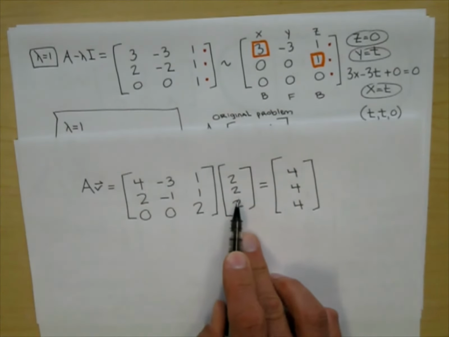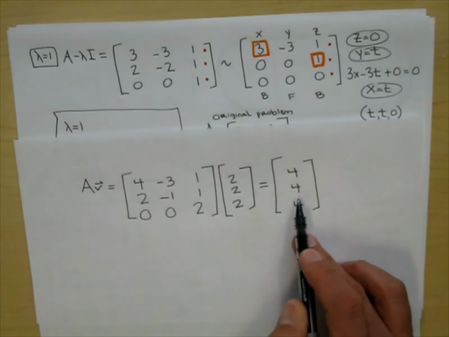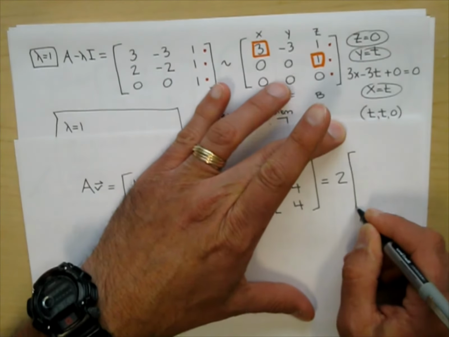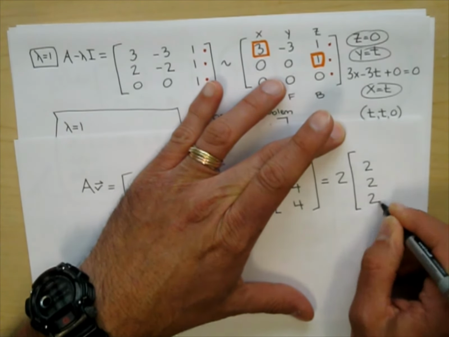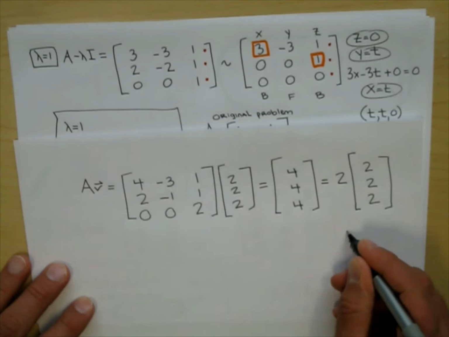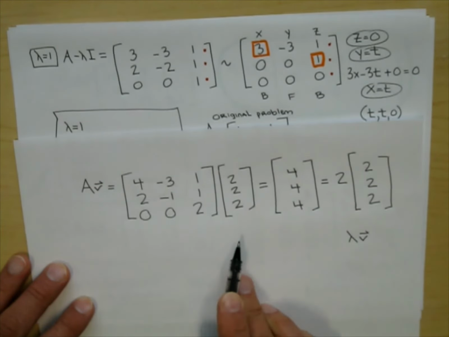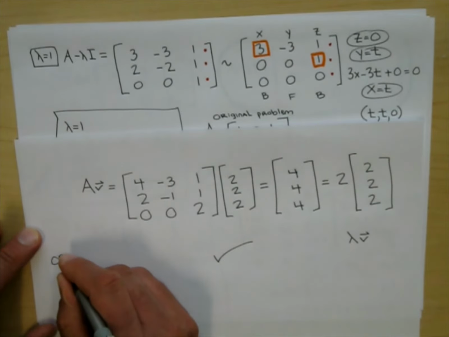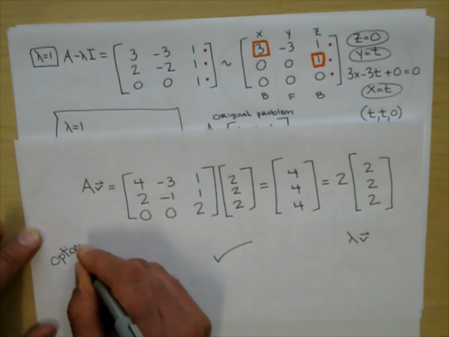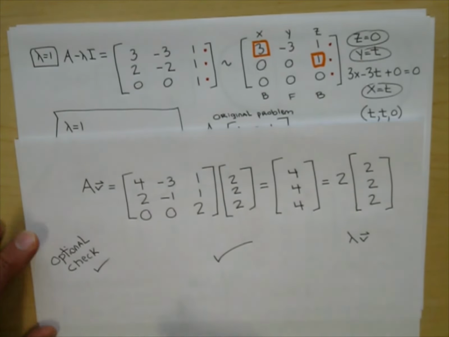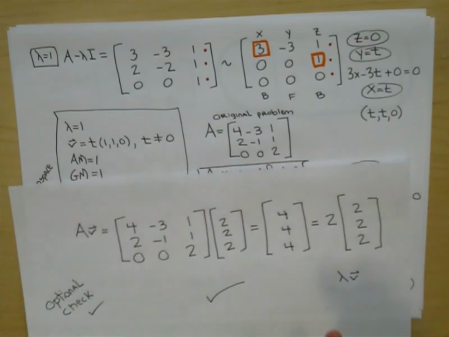Here's my original vector, 2, 2, 2. 4, 4, 4 is really 2 times 2, 2, 2. So it fits the model where AV equals lambda V, where V was 2, 2, 2 in this example. So this is an optional check. We didn't check all the eigenvectors. We just picked one and checked it.